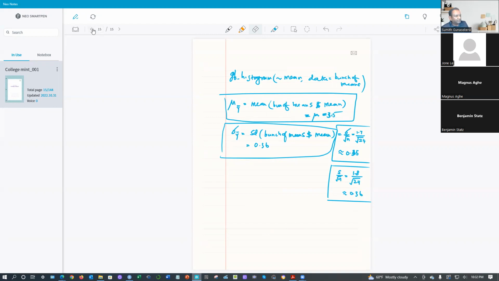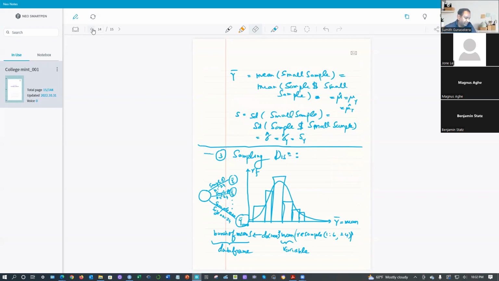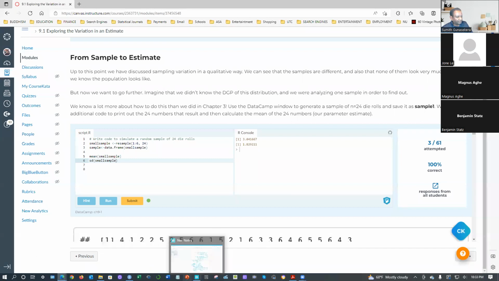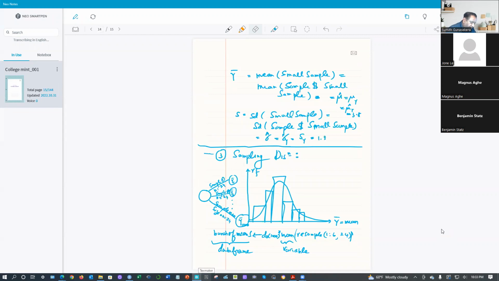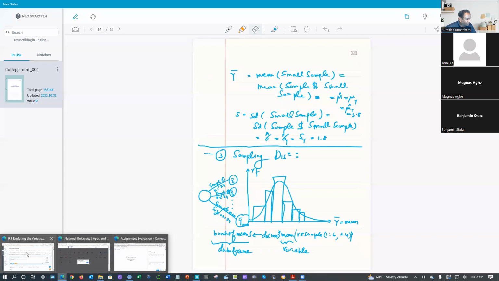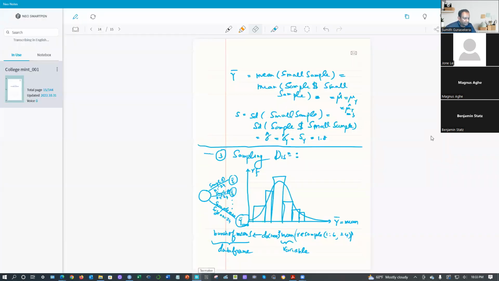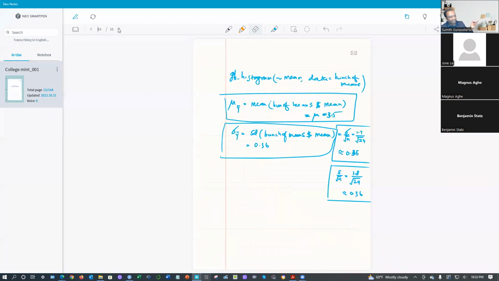See, for the sampling distribution, you can use either this or the population one.